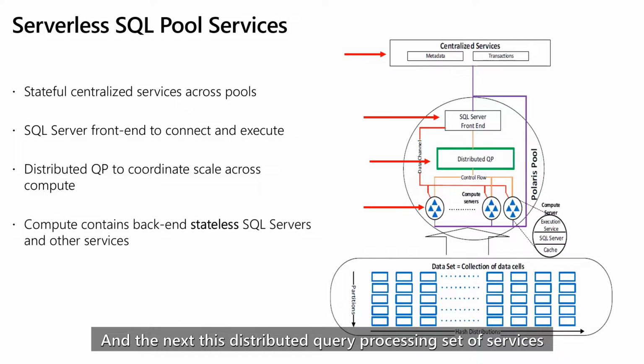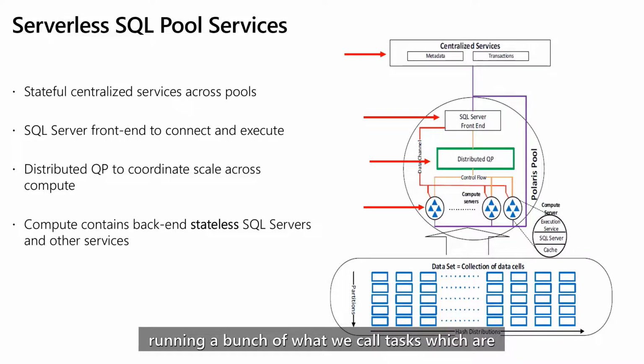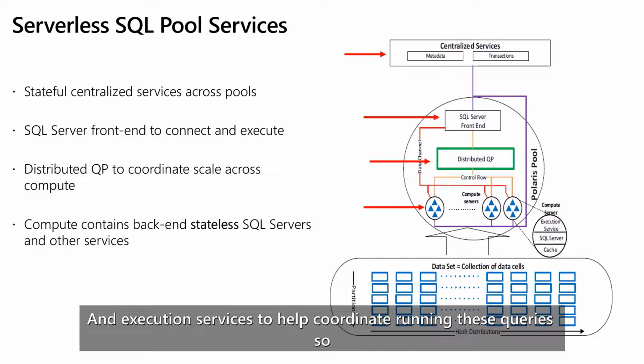And then this distributed query processing set of software is going to coordinate across something called compute servers or nodes. Really what they are are back-end stateless SQL servers running a bunch of what we call tasks, which are effectively mini queries, where we scale and run all the things necessary to access your data. So you can see in this diagram here, a compute server is made up of a SQL server, some cache, which could be the SQL Server buffer pool or local SSD cache, and execution services to help coordinate running these queries.